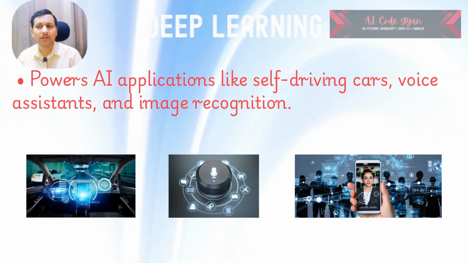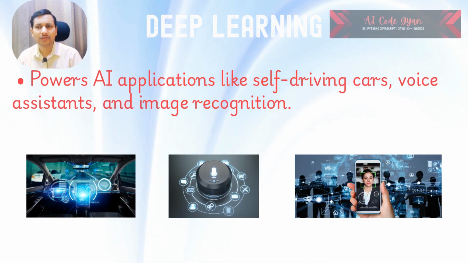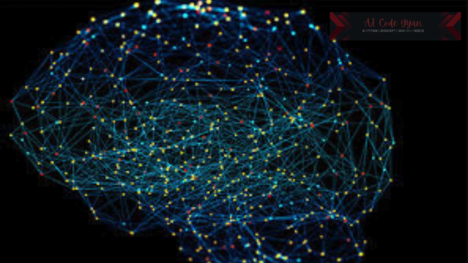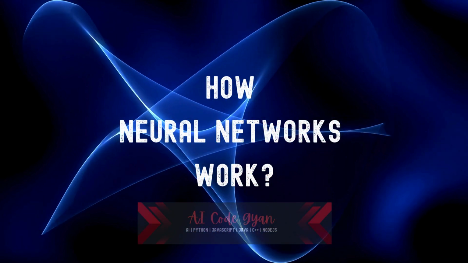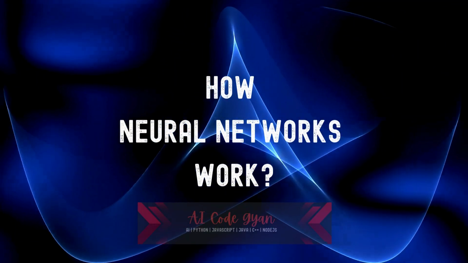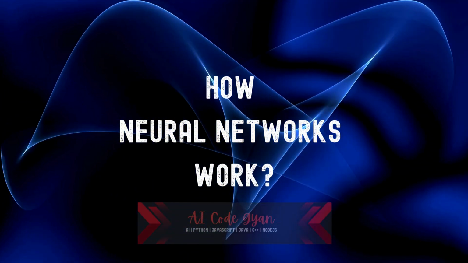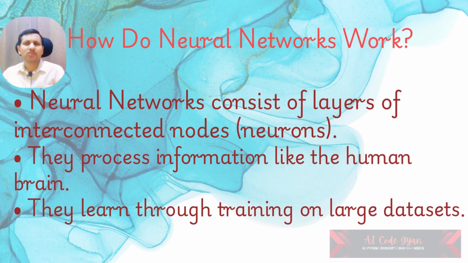Now let us talk about neural networks. Everyone might know about neural networks, but let us talk about it. So how do neural networks work? Basically, they consist of layers of interconnected nodes or neurons.